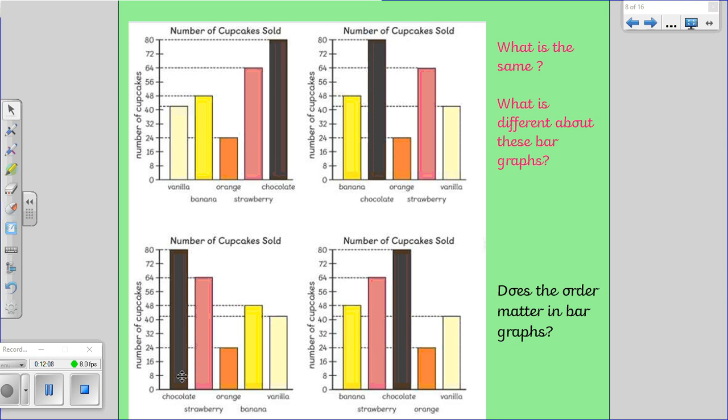You can see the chocolate one is first here, it's last there, in the middle. But does it matter which order we put them in for a bar graph? Well, we can see here that there are 4 different ways to show the same bar graph, and it doesn't matter because we can still read exactly the same data by putting them in different orders.